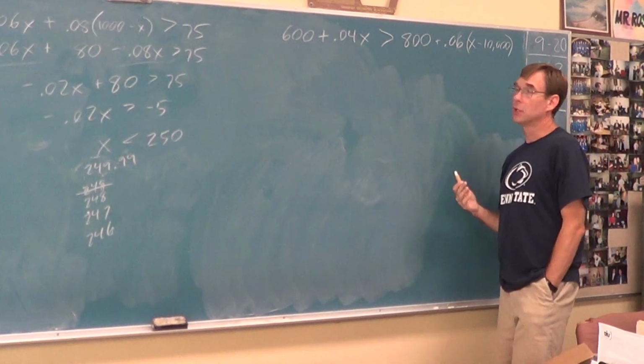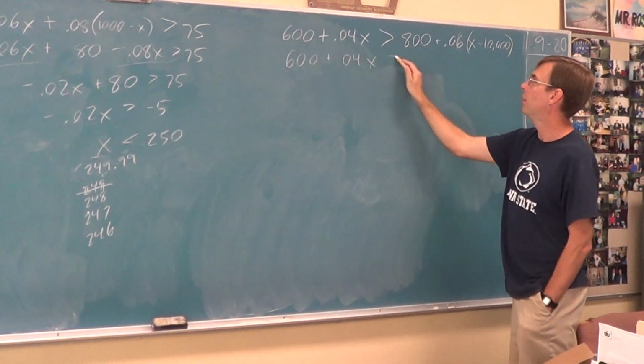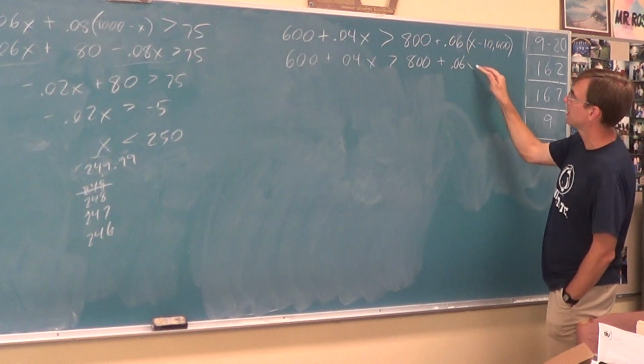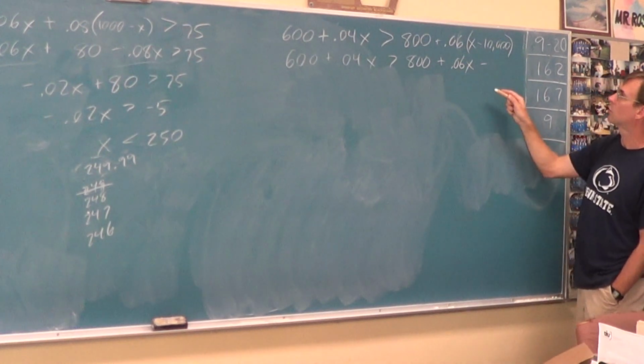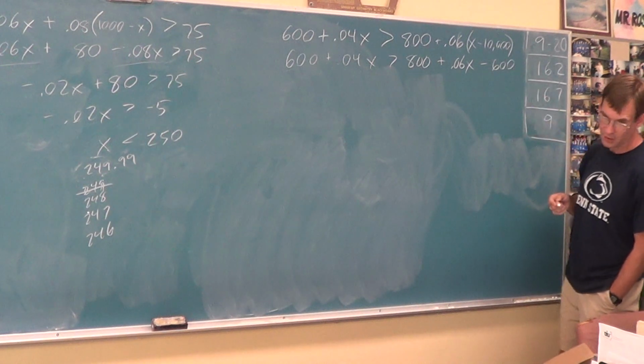As always, I would look to distribute first. So this side is okay for now. This side, if we distribute the 0.06, subtract, we get a 600 off of that.